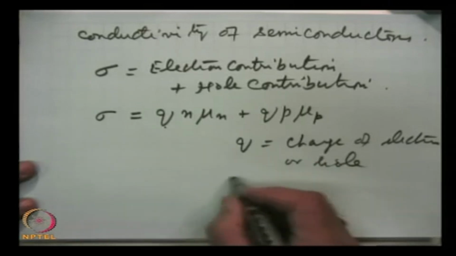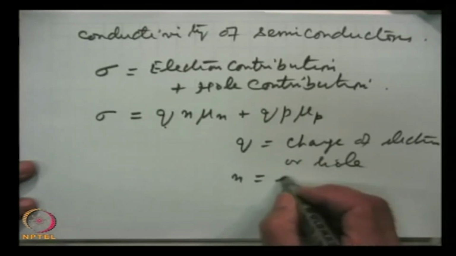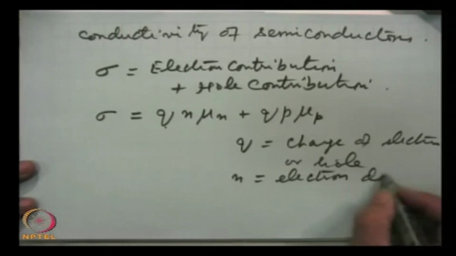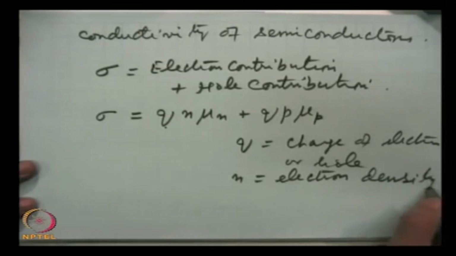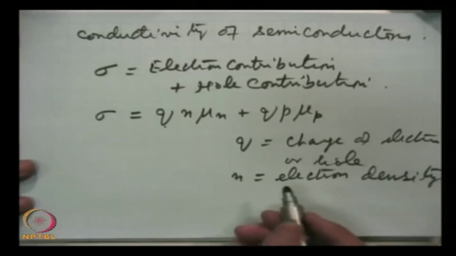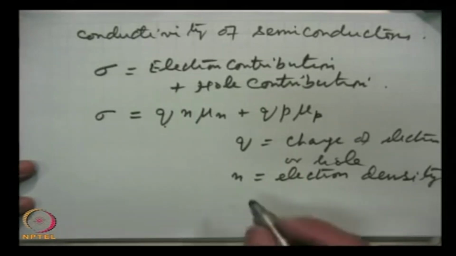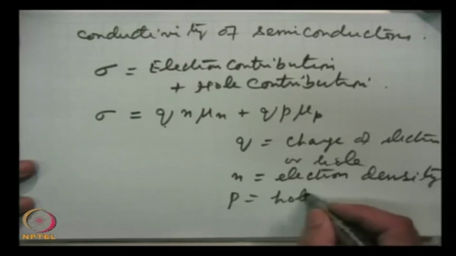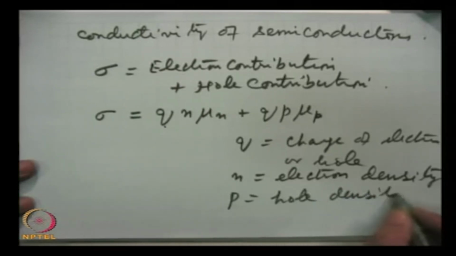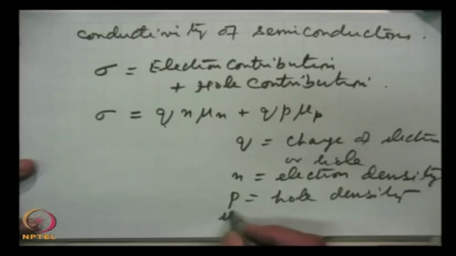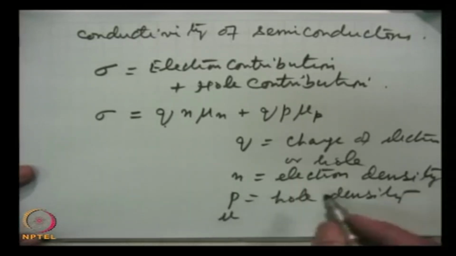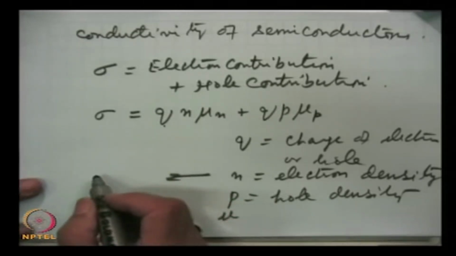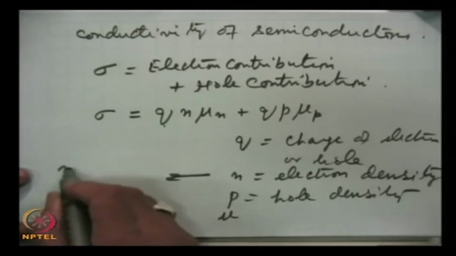and N is electron concentration, electron density, electron concentration or electron density, one and the same thing, and P is the hole density. These are expressed in number of electrons, for example, per cubic centimeter.